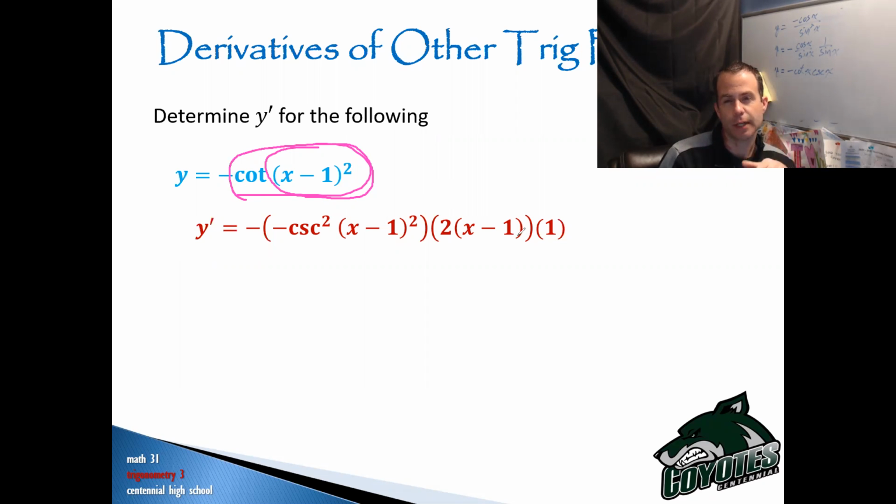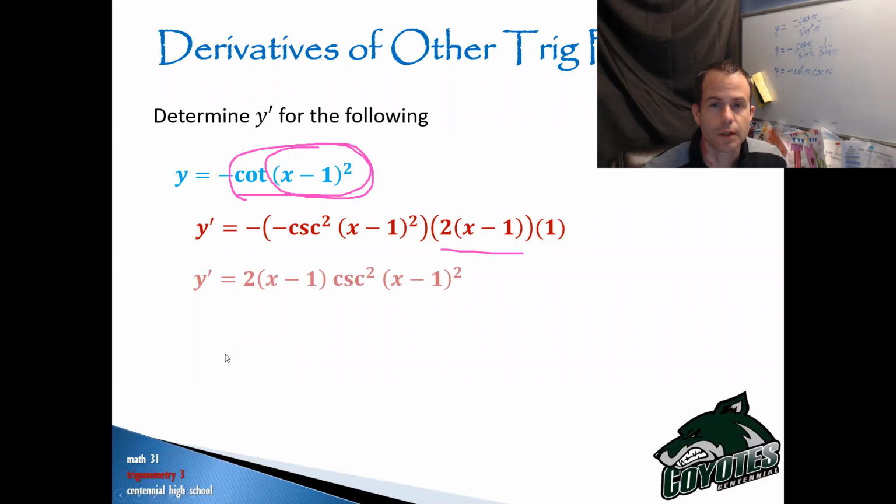So I've got a negative times a negative, so overall my answer will be positive, and I'm going to move that 2 times x minus 1 up to the front. And so I'll be left with 2 times x minus 1 times cosecant squared of x minus 1 squared. I should not have said all squared there. I meant x minus 1 was squared. I just don't want you to get confused with my wording.